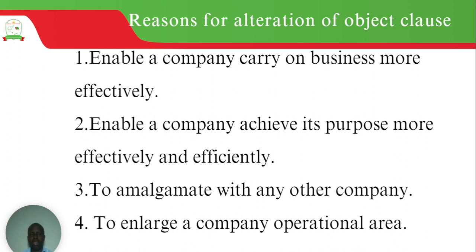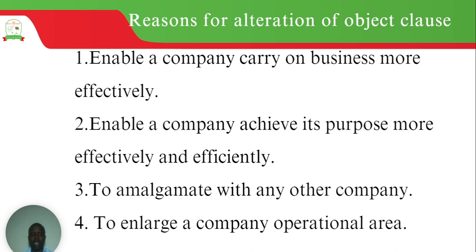So in that kind of scenario, remember, we cannot now use the two names, or adopt all the object clauses of each company. So that is a situation that may necessitate the alteration of the object clause.